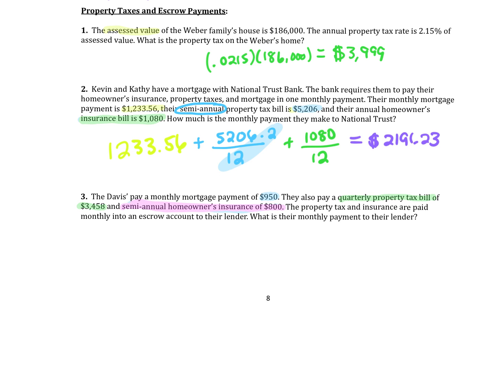So we have our 950 plus the quarterly, which means we're doing 34.58, and like I said, the way I think of it is let's divide by 12, but we're doing that quarterly, so that means we're going to multiply by 4. And then plus our 800 divided by 12, and that's semi-annual, so that's twice a year.